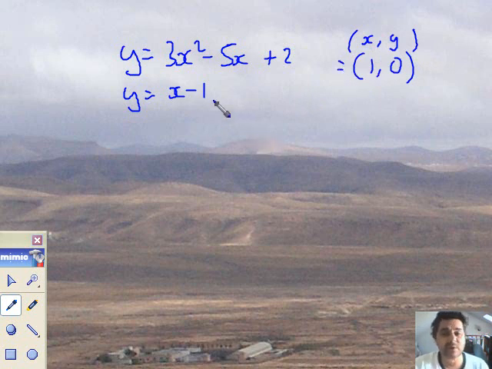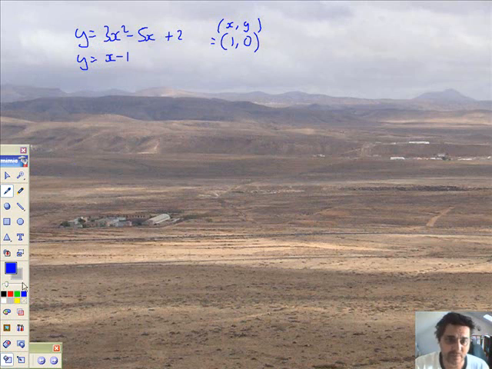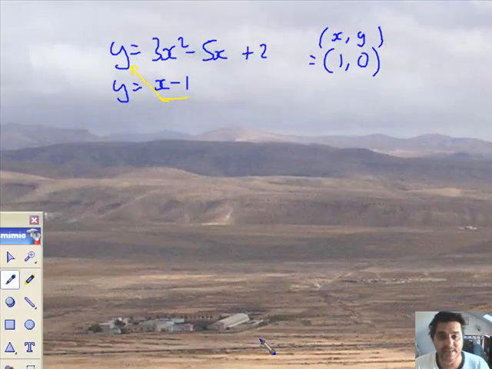By doing a substitution of x minus 1 for y, I can work with a single equation, a quadratic in x, and then solve it. So let's go for it.